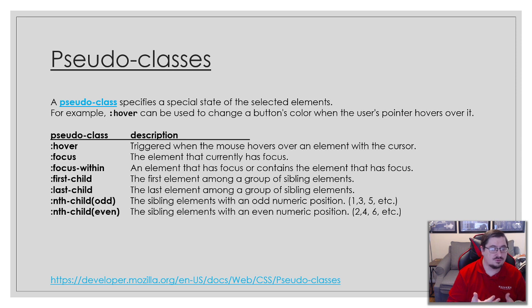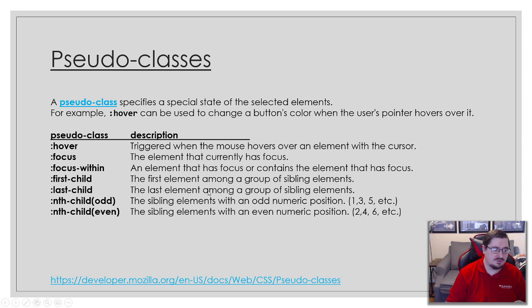Next up is the first child. So first child says I want the first element in that group. So if you've got a collection of list items, perhaps in an unordered list, I could say li first child, and that would be the first li in the list. Similarly, if I want the last element, I can do last child.